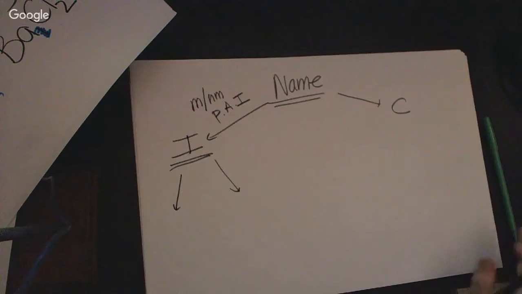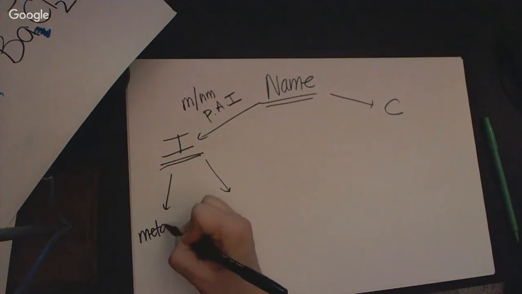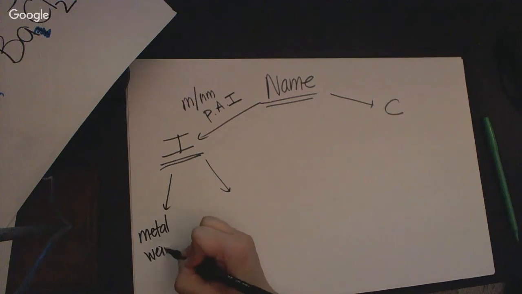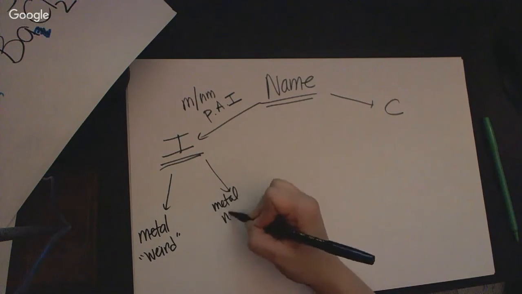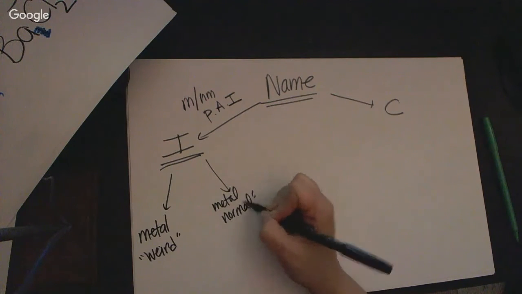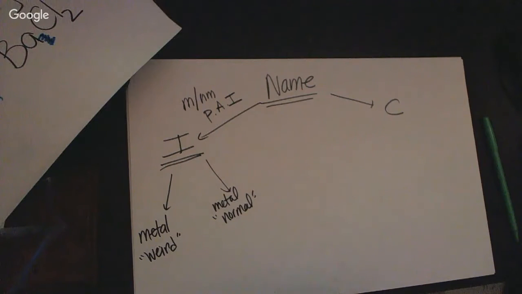The next executive decision you need to make is: is the metal in the compound weird or is the metal normal? I'm going to explain what that means in a minute because this is 100% me and how I teach it, and I guarantee your teacher will never, ever use the word weird versus normal.